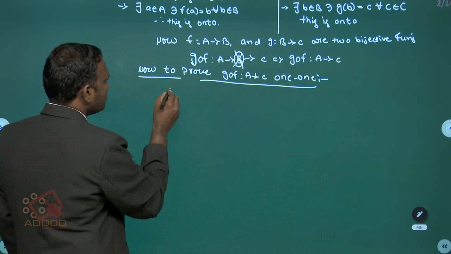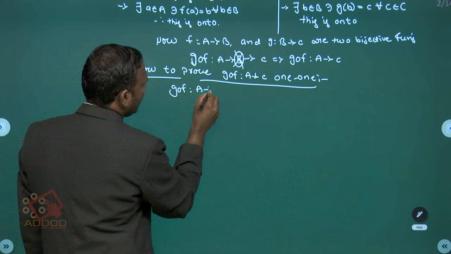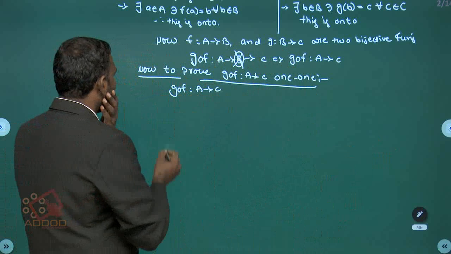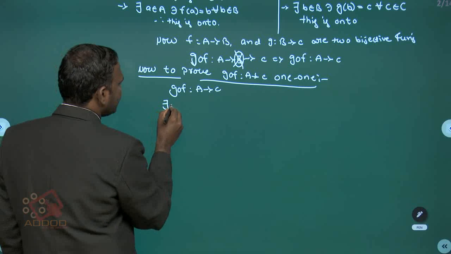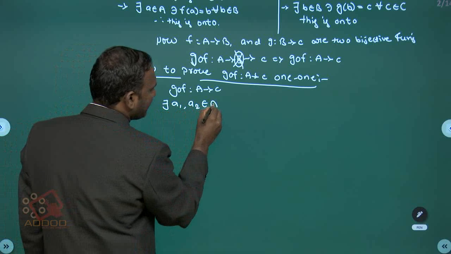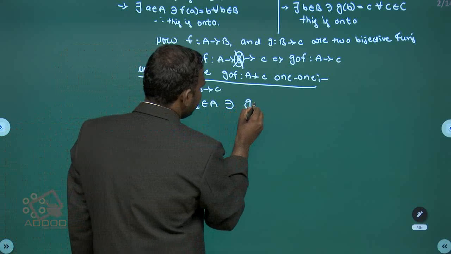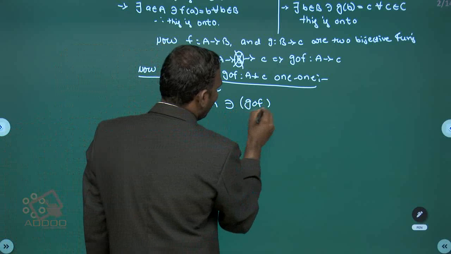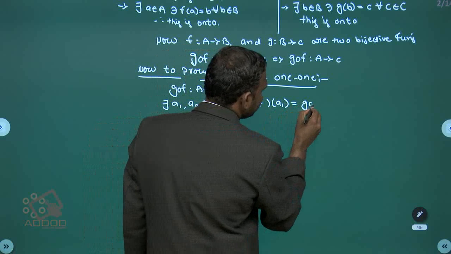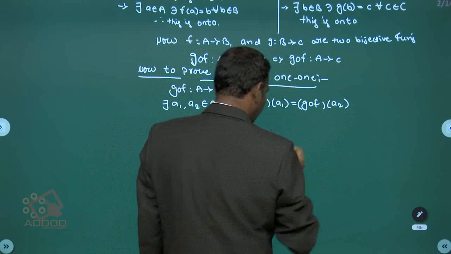A is our domain. So I am taking G circle F from A to C. Here I take domain elements: there exist A1, A2 belonging to A, such that G circle F of A1 is equal to G circle F of A2.